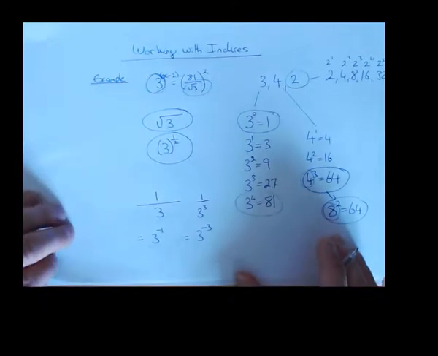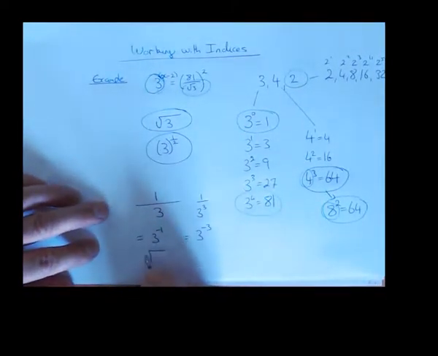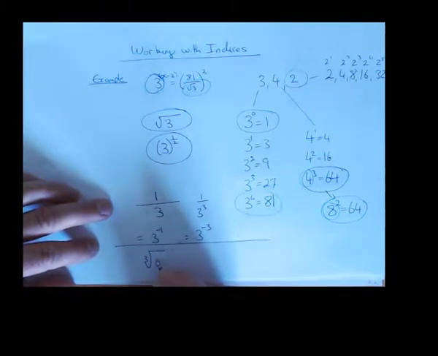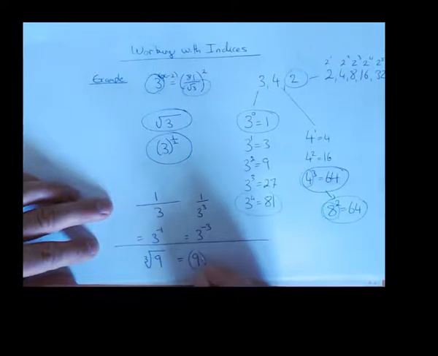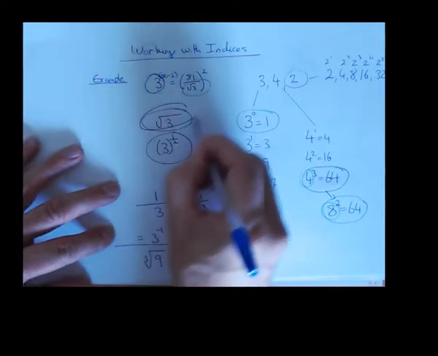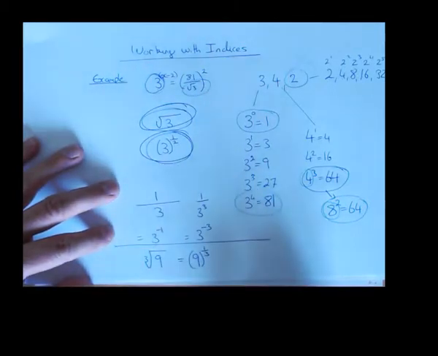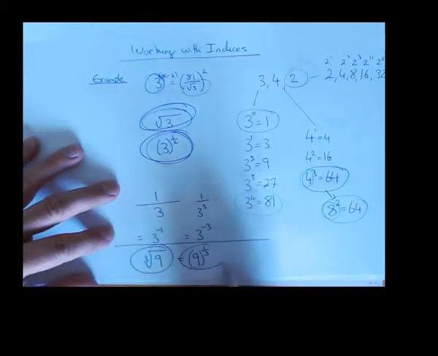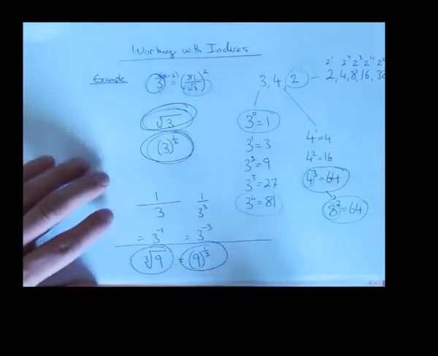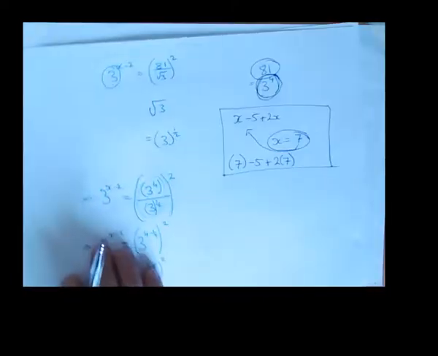A few other ones we need to remember as well is the cubed root of something. For example, the cubed root of 9 can be written as 9 to the power of a third. So these are the two that will come across. The square root will be replaced with a power of a half. A cubed root will be replaced with a power of a third. Then you just follow through your rules and you continue like that.